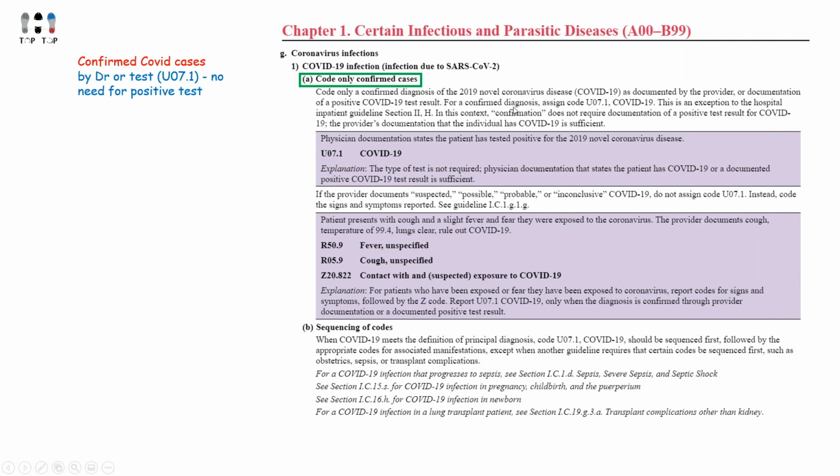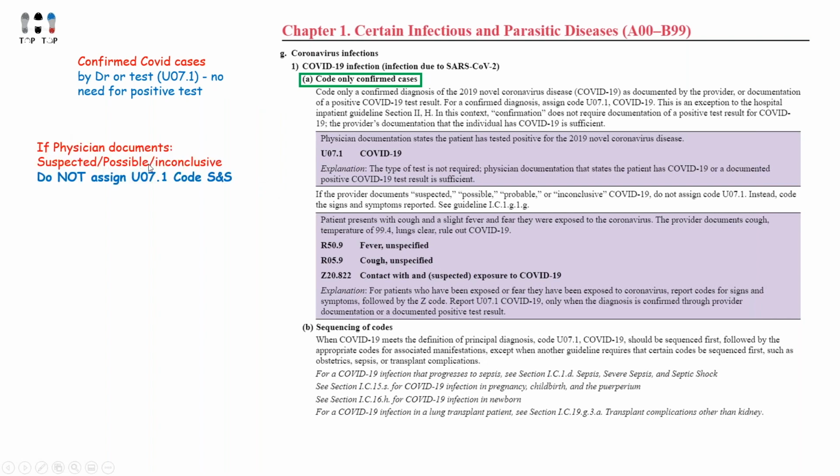This goes against Uniform Hospital Discharge Data Set guidelines that say that it's okay. No, we don't for COVID. The doctor can just say the patient has COVID, or there can be a positive test. There's no need for a positive test because the doctor can say it. So only code confirmed cases.